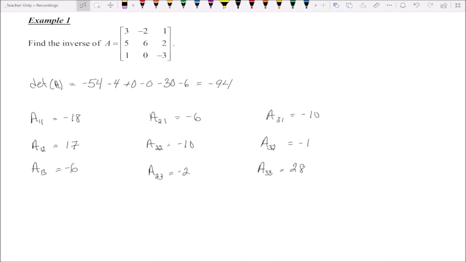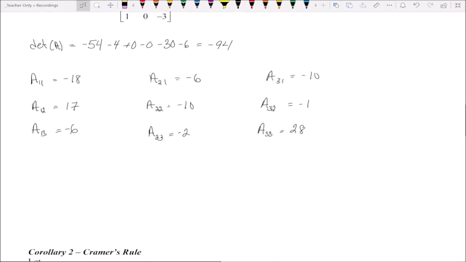So using Corollary 1, the inverse is negative 1 over 94 times this matrix. I'm sorry, I was doing that backwards.